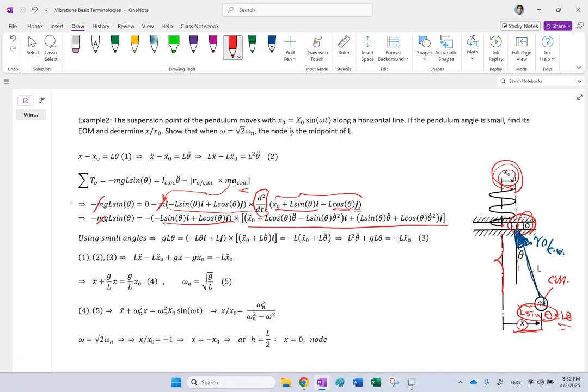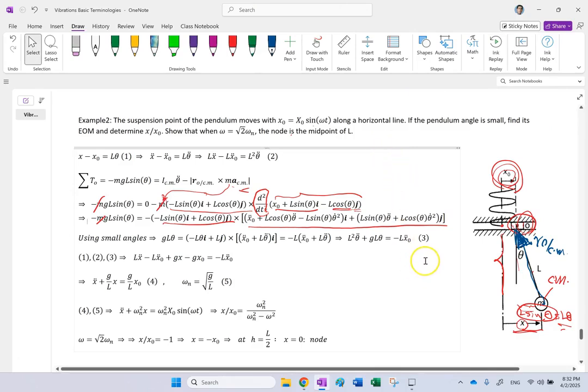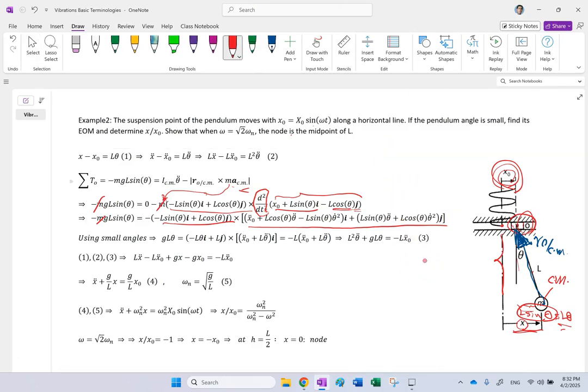And then the other thing is this term here, I about centroid times theta double dot. What is I about the centroid? Well, in this case, your object is like this, and all the mass is concentrated at the centroid. The rest of this bar has no mass. So I about centroid for this, where the bar is massless, is simply going to be 0. That's why here I replaced that with a 0.